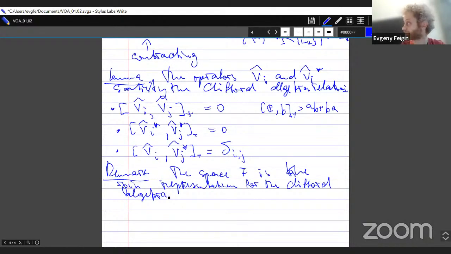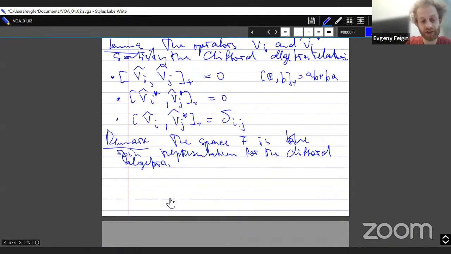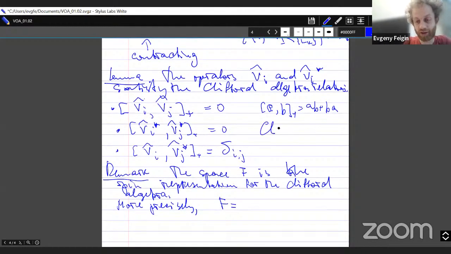More precisely, let me denote by Cl the Clifford algebra, the associative algebra generated by v_i hat and v_j hat star with such relations.